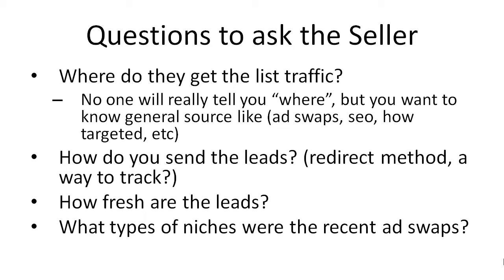So if you have people that signed up for WordPress, for other types of blogging, for WordPress plugins, that's a good list to go into if that's what you want to go into. But if their list deals with something totally different, then you may want to be aware of that, and you may want to avoid sellers if you feel like the niches they're doing ad swaps in don't really relate to the niche you want to build your list around.